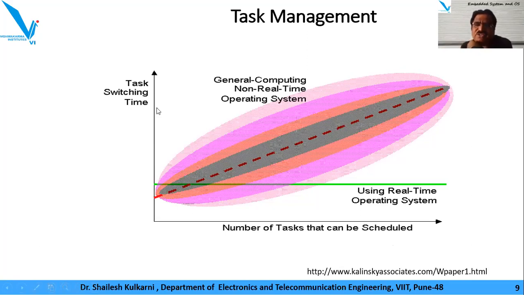Because unless the task switching time is constant, I cannot take it into account for estimation of the complete execution time of my application. If my application has n number of tasks, I expect n minus 1 task switches to happen, so I would come across n minus 1 task switching times, which would be added as an overhead along with the execution of the tasks.